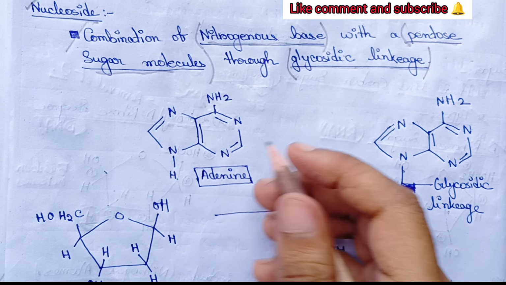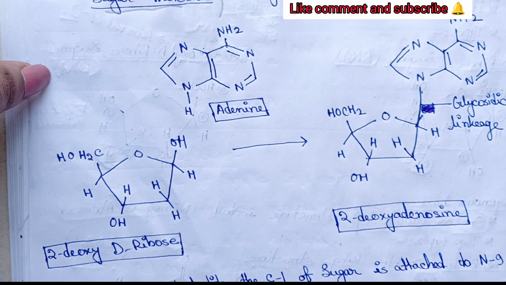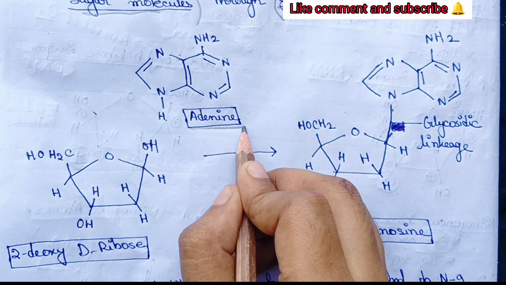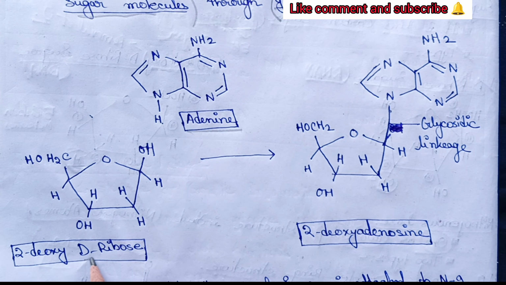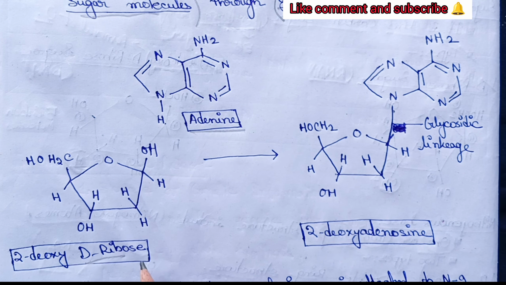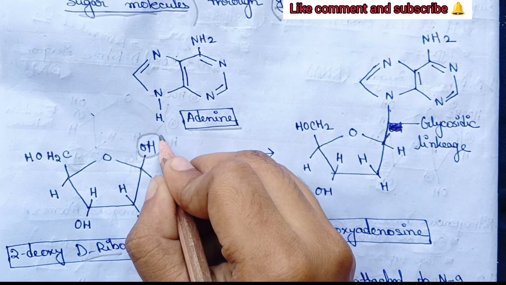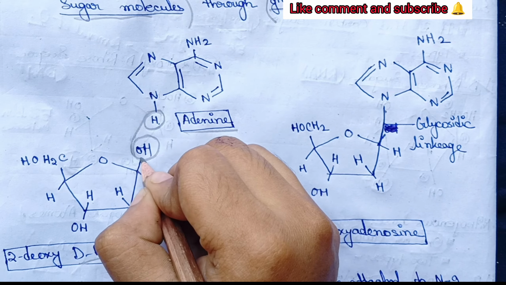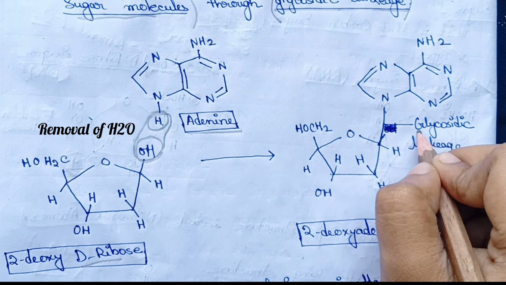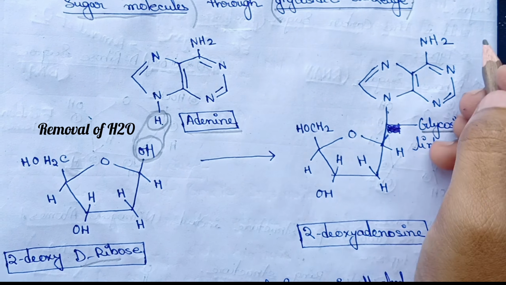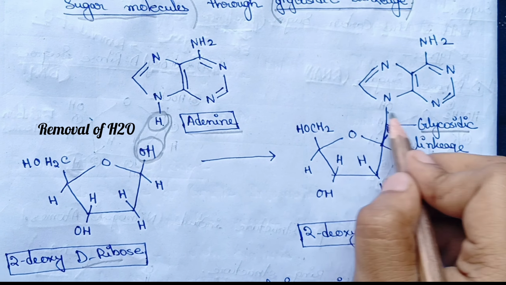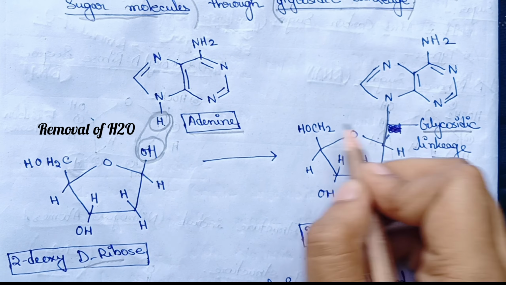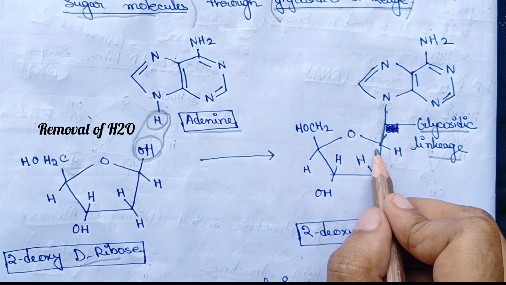You can see there is an adenine structure. It is an adenine structure, and it is 2-deoxyribose sugar, where there is a free OH and an H. They bond with each other and form a glycosidic linkage. You can see that this structure and this structure are almost the same, only the H and OH groups can bond with each other and form a glycosidic linkage.